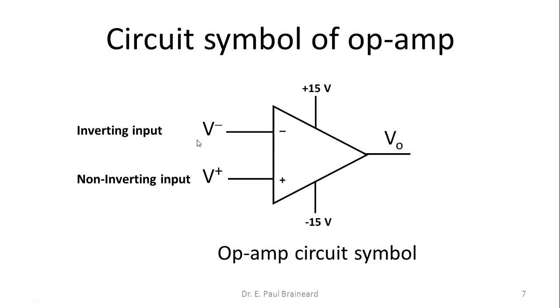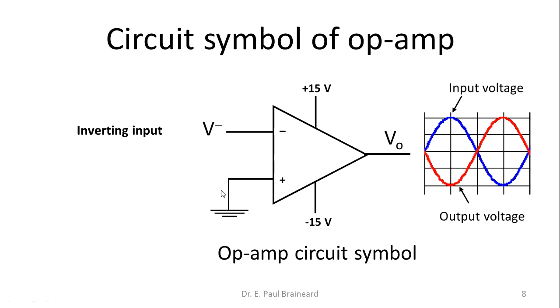Inverting input terminal is represented by V minus and non-inverting input terminal is represented by V plus. The meaning of inverting terminal is if we apply a positive voltage at the input, that is the inverting input, the output voltage is negative.